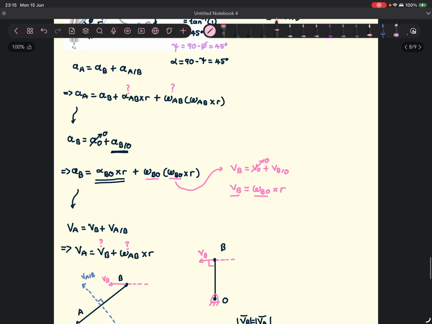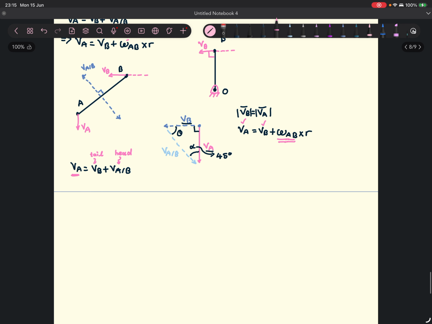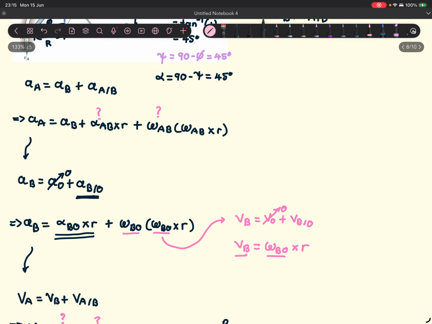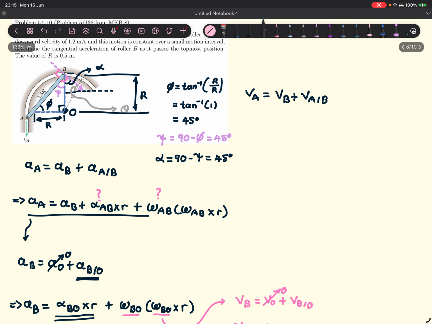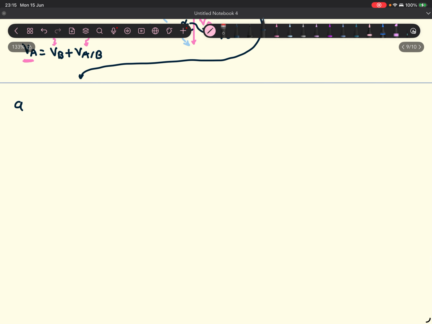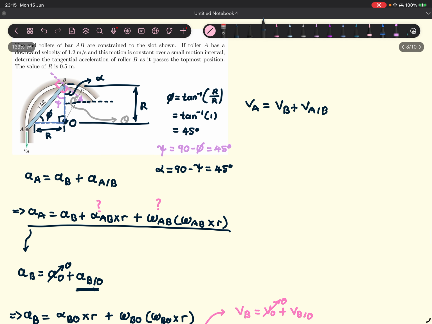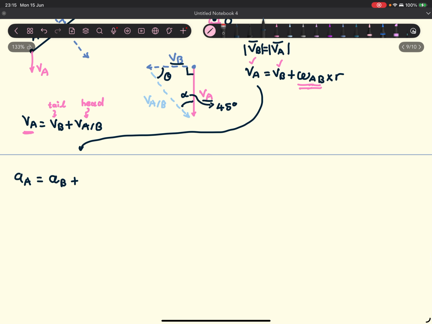Okay. And then we can also go back to the acceleration problem, right? The overarching acceleration problem, this one over here. So we have acceleration of A is equal to acceleration of B plus this alpha AB term.